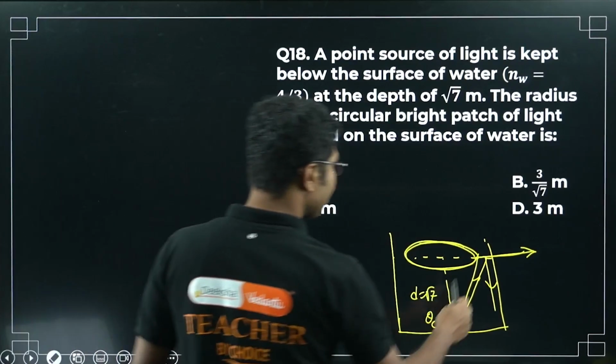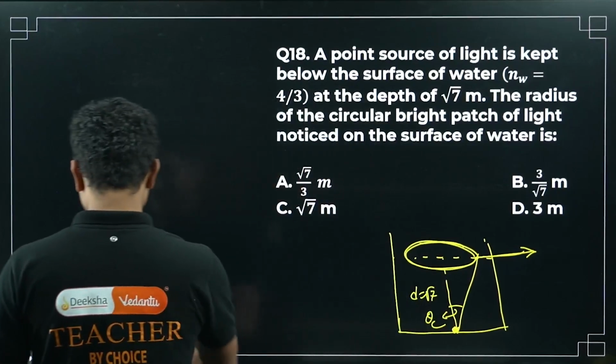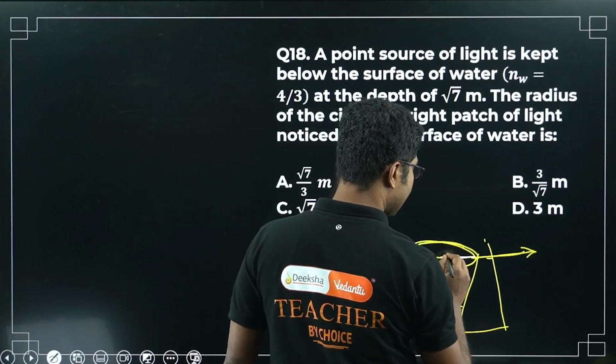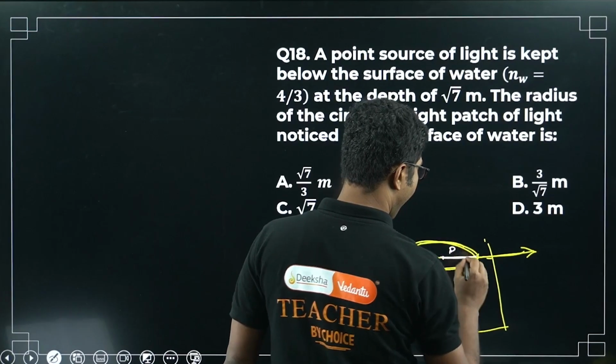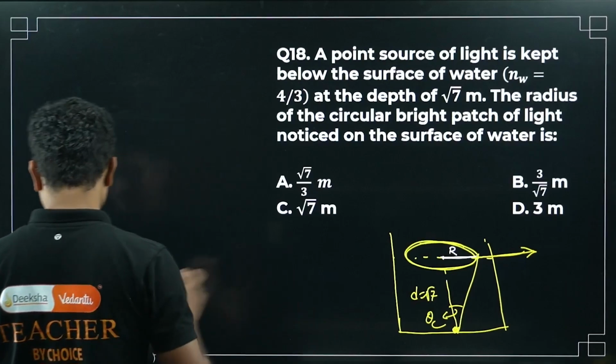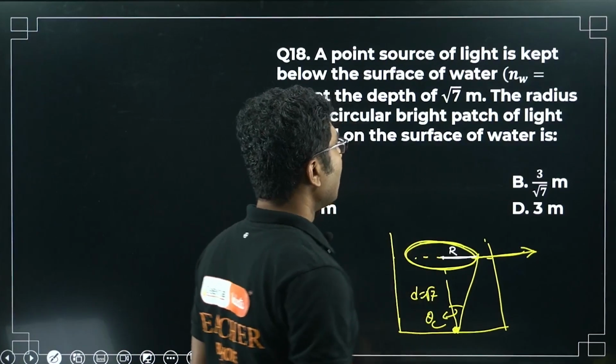So this is how we will solve this question. We will apply some geometry. This angle is theta c and this distance is the radius, right? The depth is given. We are trying to find this radius, and we also have to calculate the relationship between theta c and r.